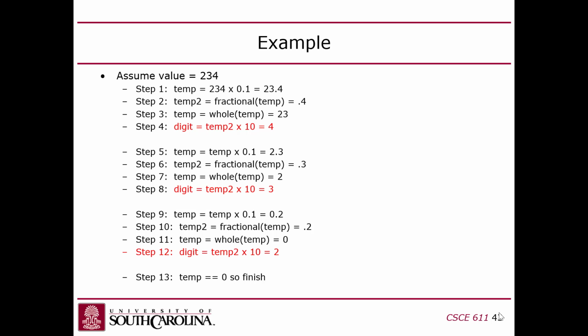So if you have 54, you multiply that by 0.1, which gives you 5.4. Then you can round that down and recover the 5. And if you take the fractional part, 0.4, and multiply that by 10, that's 4. That's your modulo.